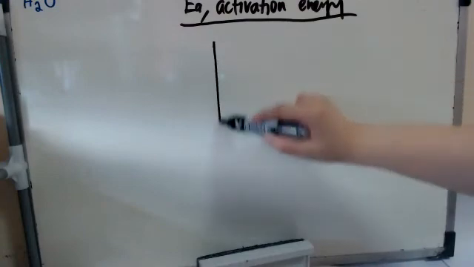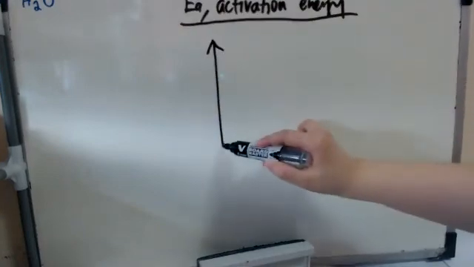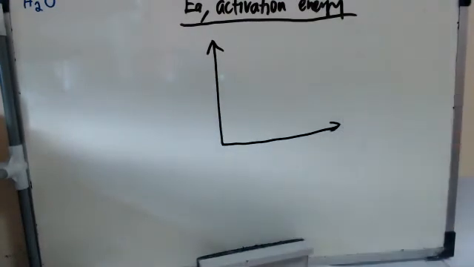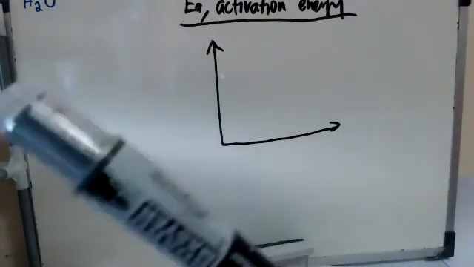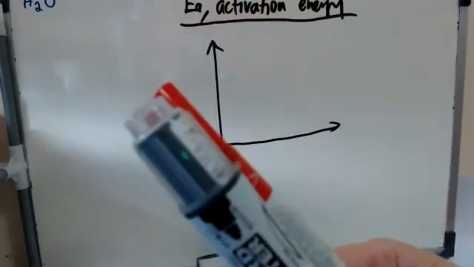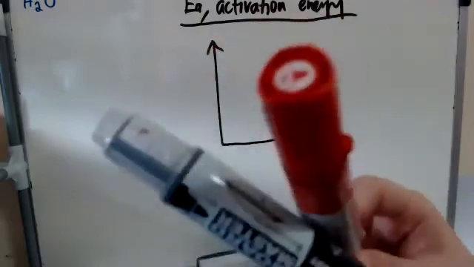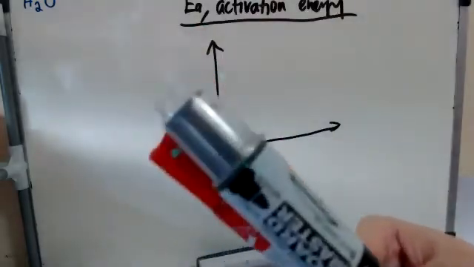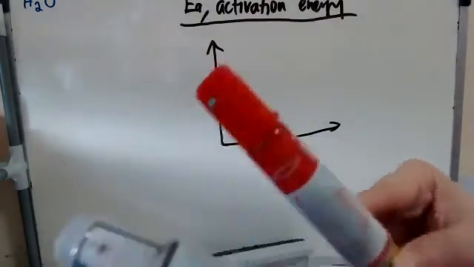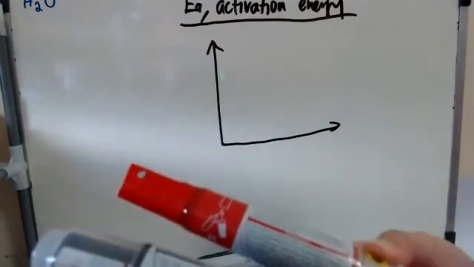Activation energy refers to the energy needed to start a reaction. Like say, for example, I try to react this marker with this marker. When I combine them, they don't really react, right? Because the energy needed for them to react is not enough.